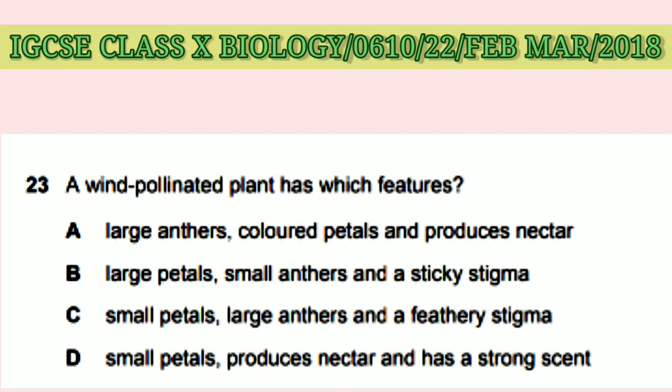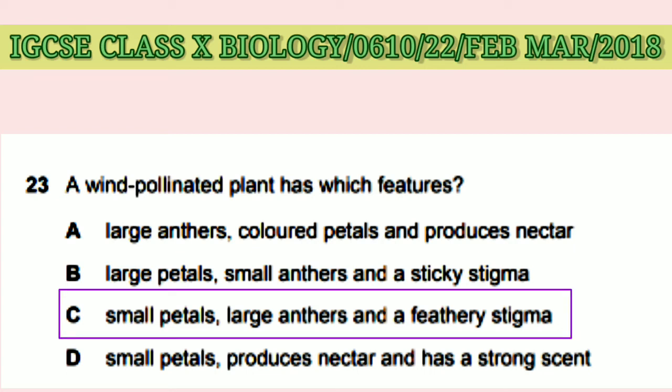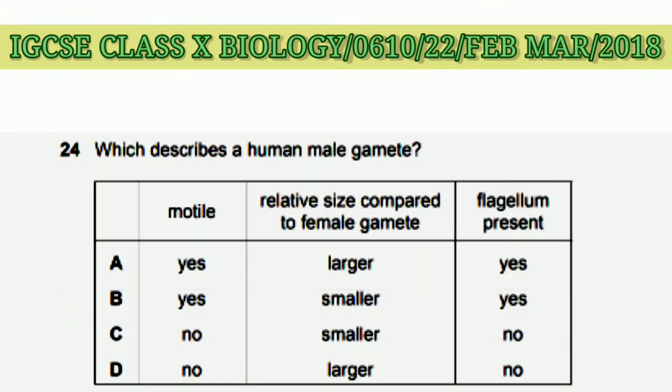23rd question. A wind pollinated plant has which features? Option C, that is small petals, large anthers and a feathery stigma help in pollination by wind. 24th question. Which describes a human male gamete? We have to check its motility, relative size compared to female gamete, and whether flagellum is present or not.